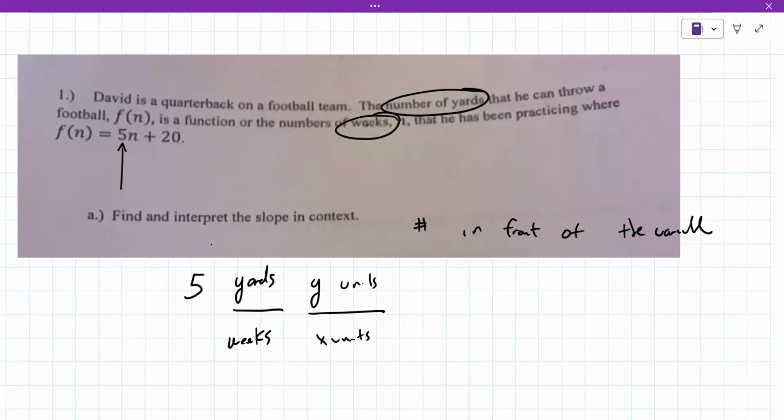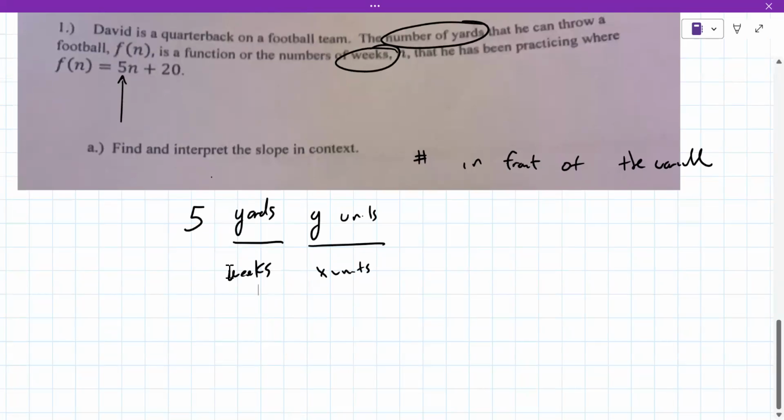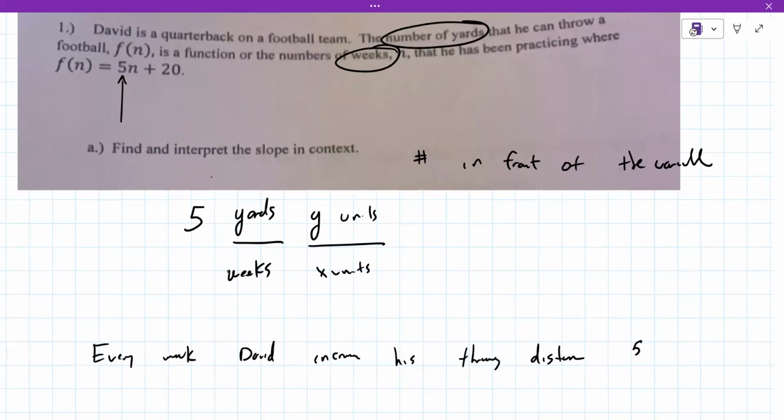Okay. All right. So that's the interpret the slope in context. Kind of. We need to write a sentence that says every week, David increases his throwing distance 5 yards.